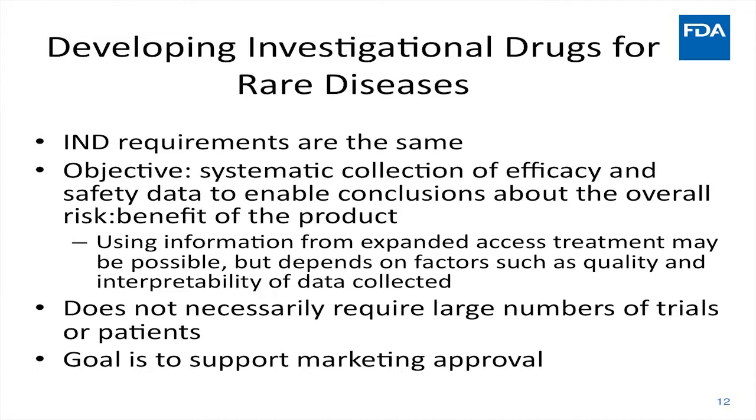So we're not trying to make the regulatory process overly burdensome, but we do have some regulatory requirements we have to meet when we're determining whether substantial evidence of efficacy and safety have been met.